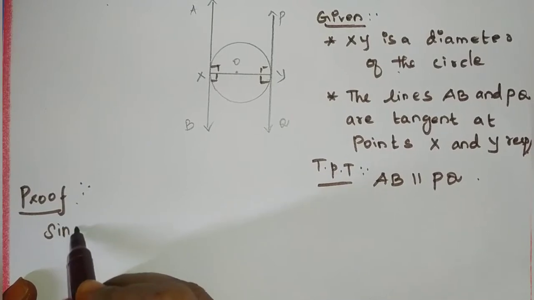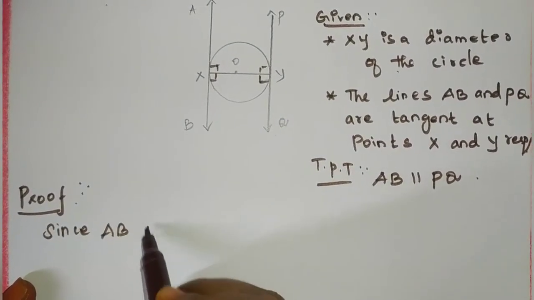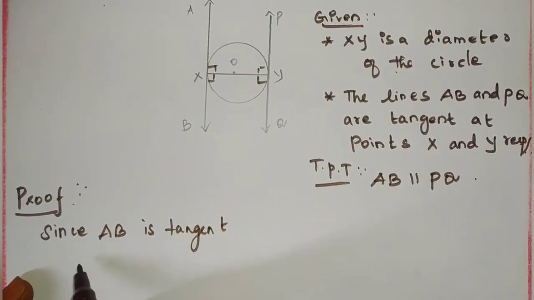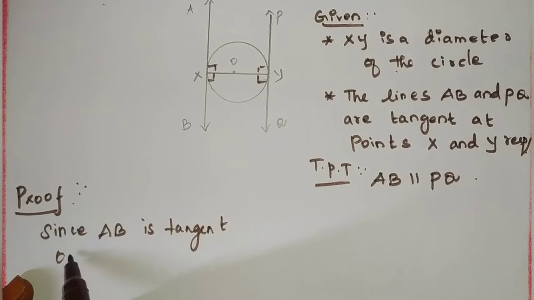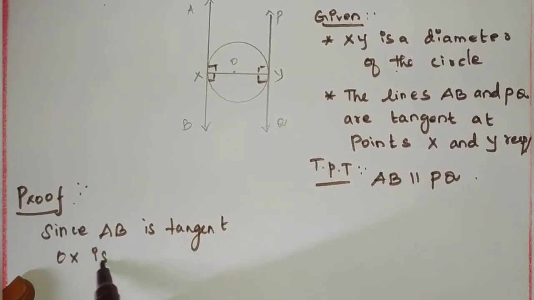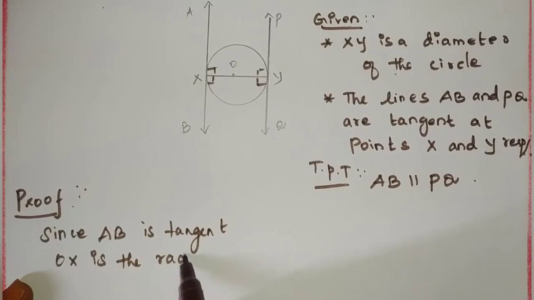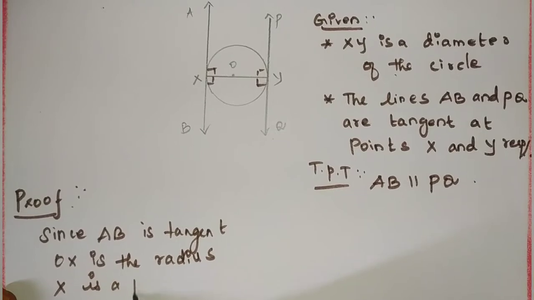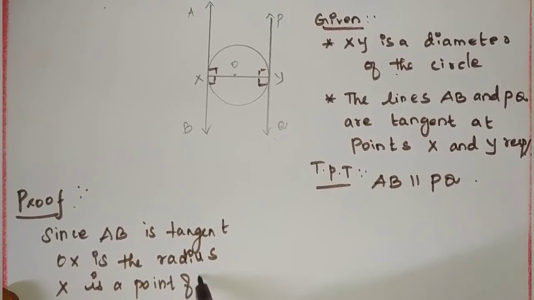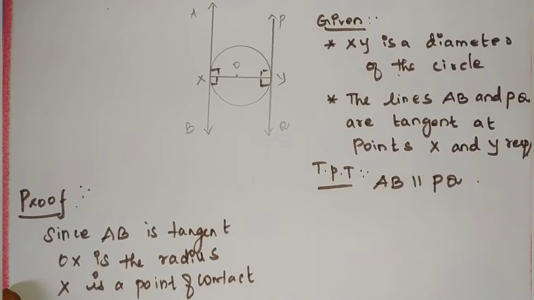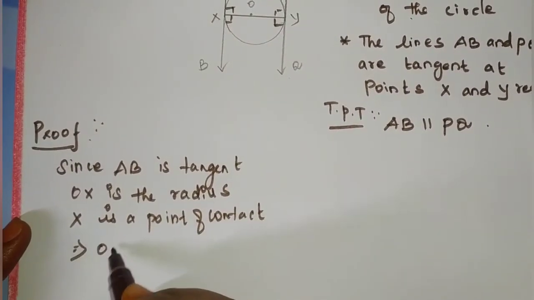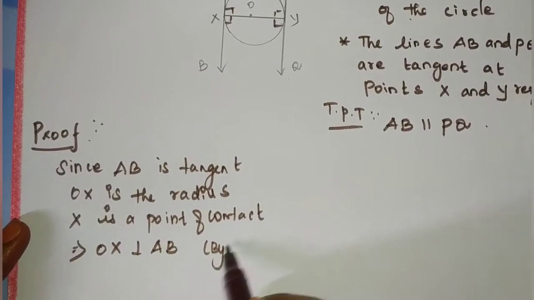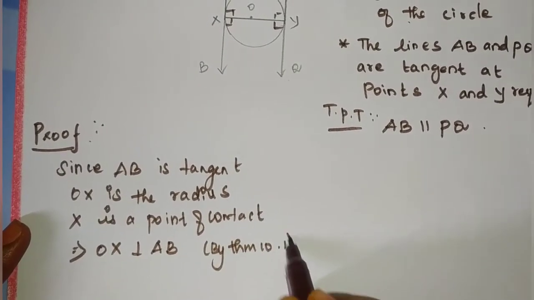Since AB is tangent, OX is the radius, X is the point of contact, so we know that OX is perpendicular to AB by theorem 10.1.